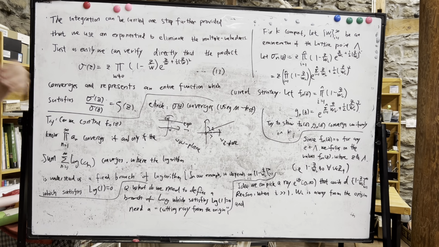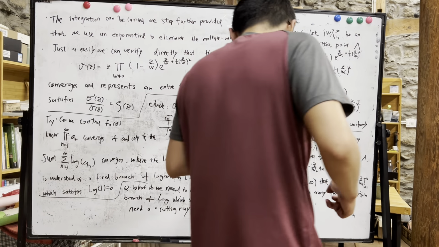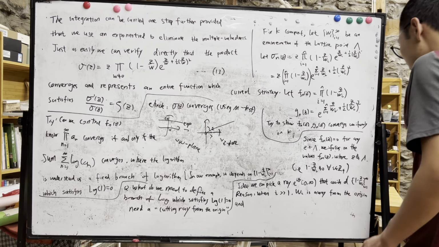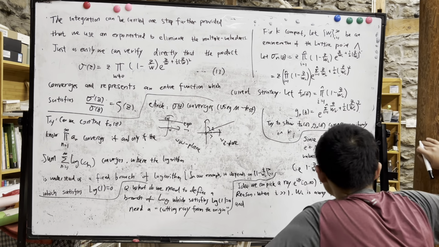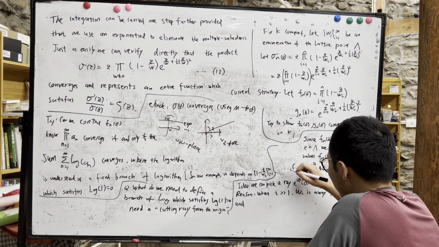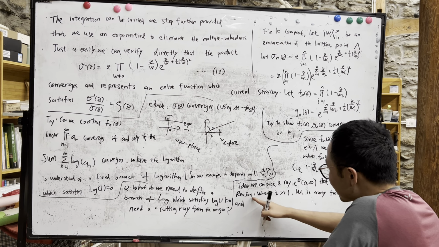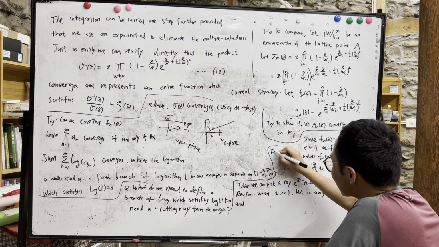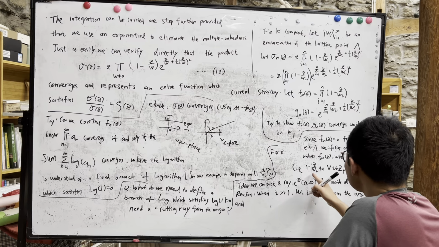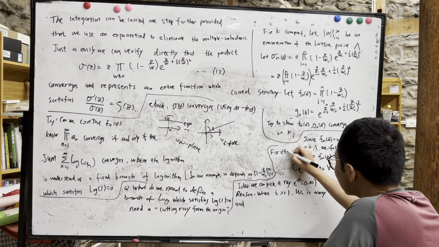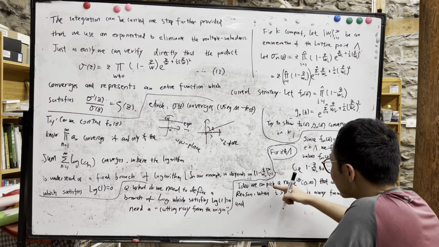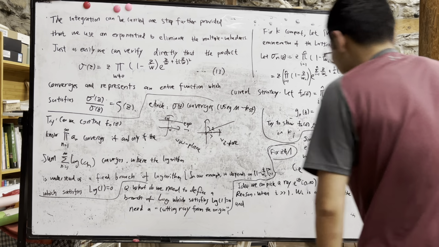So I think we have to fix a z first. Let's say we fix a z that is not in the lattice points. This is the very beginning precondition.